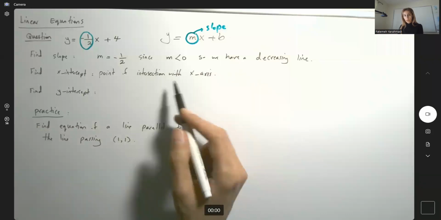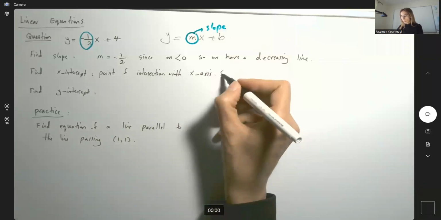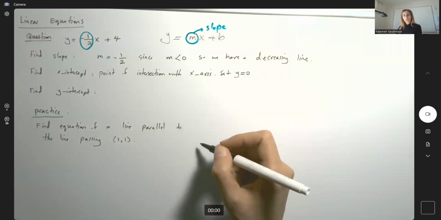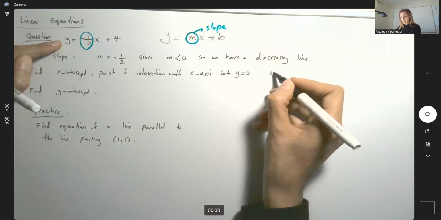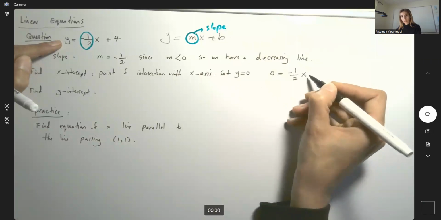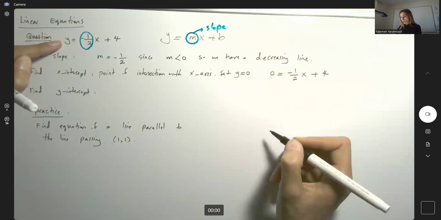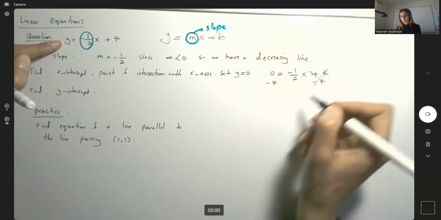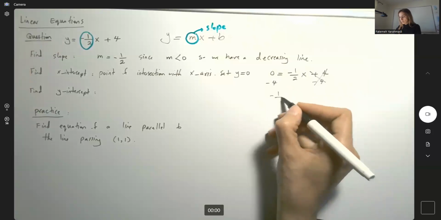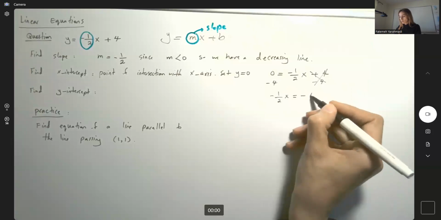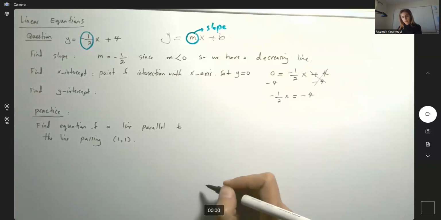As you remember, to find the x-intercept, set y equal to 0 and solve for x. My y is 0. On the other side, I have -1/2 times x plus 4. We're going to subtract 4 from both sides. -1/2 times x is equal to -4.